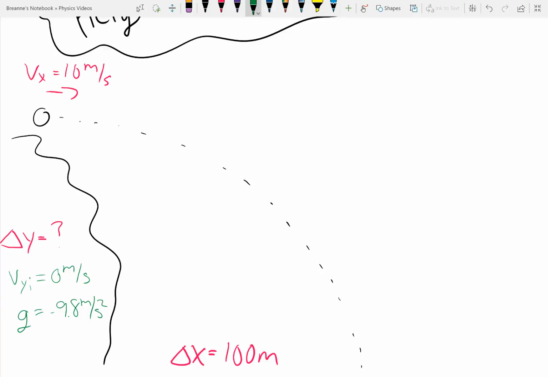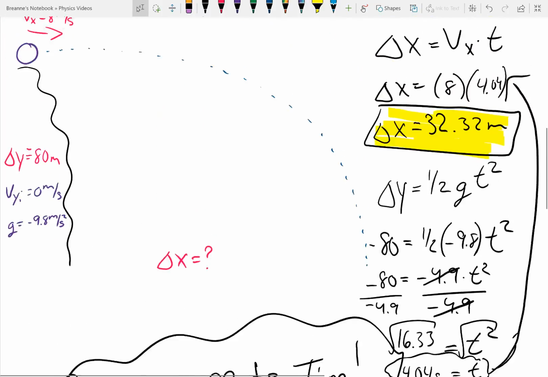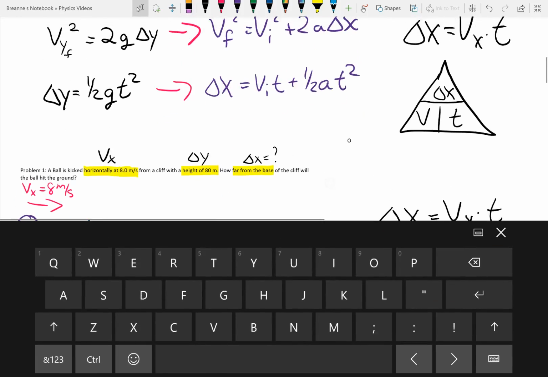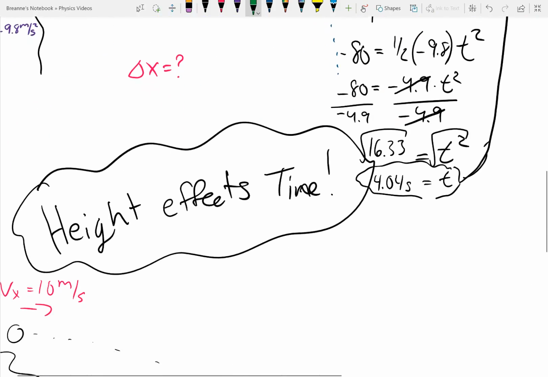So we're looking for our height. So let's look at our equations and see what we can use for our height. That first one doesn't have height in it. Second one has our height, but we don't know our final. So it looks like we're going to be using our third equation.